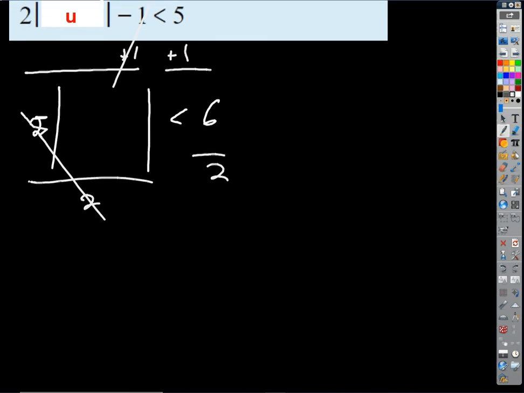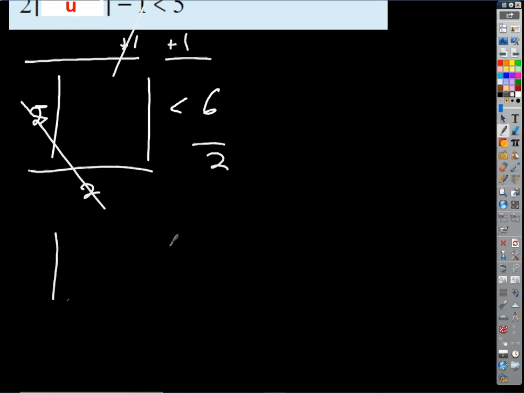So if we add one, that cancels those guys and you get 2 times the absolute value is less than 6, right? Okay, now what? You said divide by 2, right? So if we divide both sides through by 2, we get the isolated absolute value. The absolute value of something is less than 3, right?